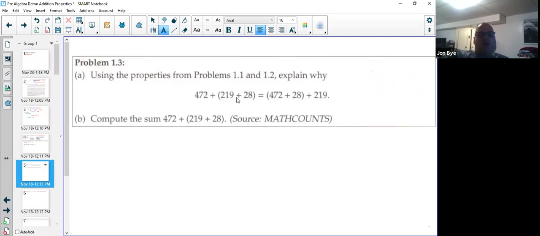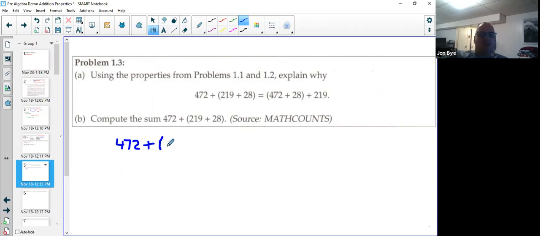Well, let's start with the left side. You want to be able to explain why this works. A lot of it might be easy to see the answer, but not so easy to see what rule we use.